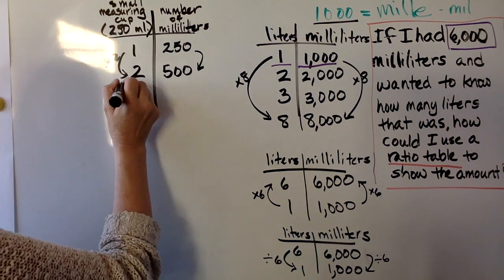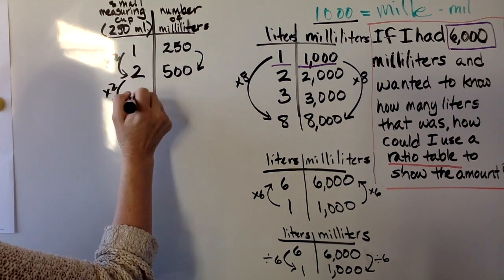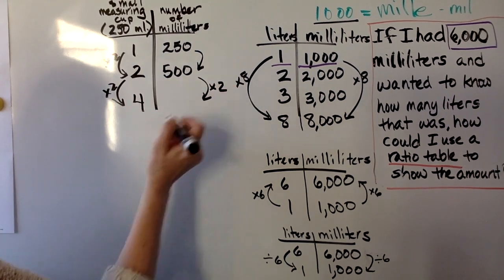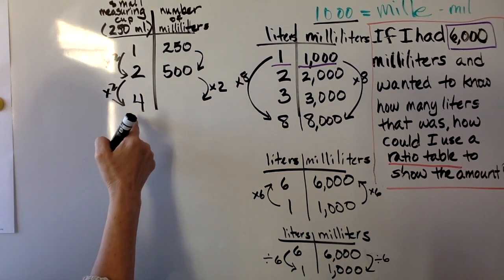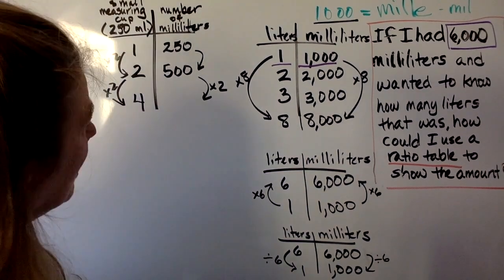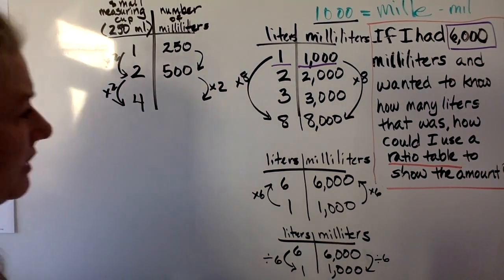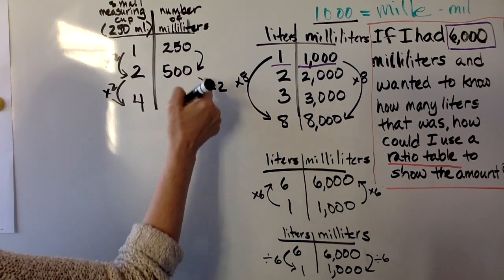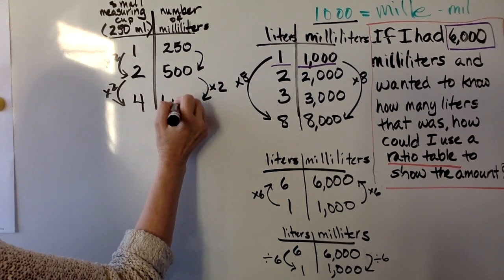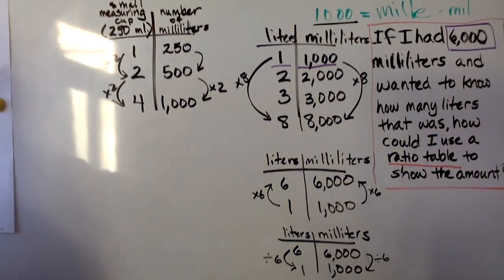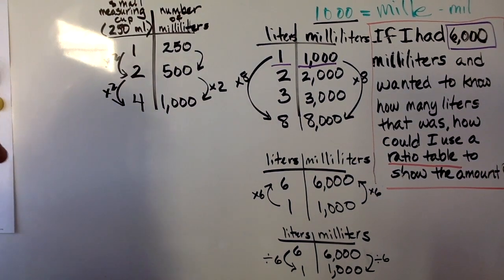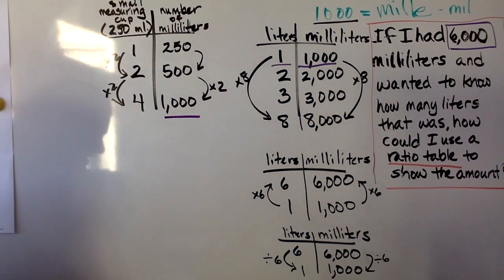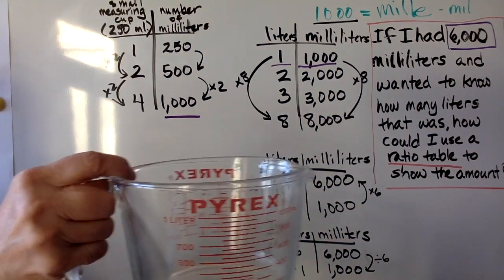So I need 2 times more. 2 times would be 4 of these smaller cups, and that would be 500 times 2. Oh, look at that. It's 1,000 milliliters, and now I've filled up my big measuring cup.